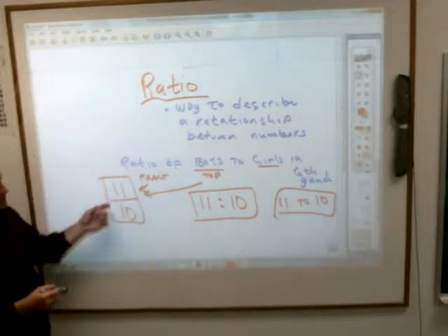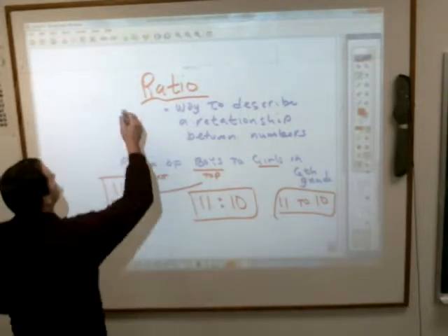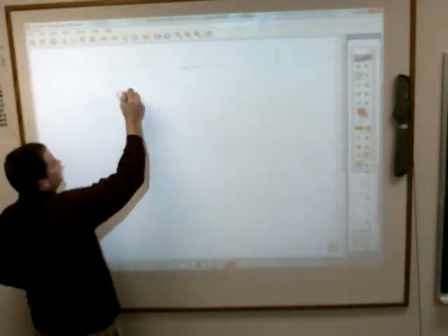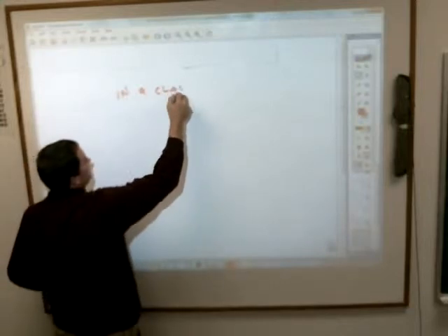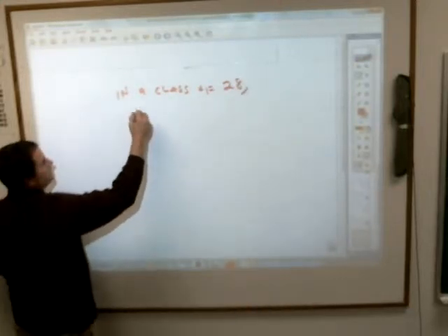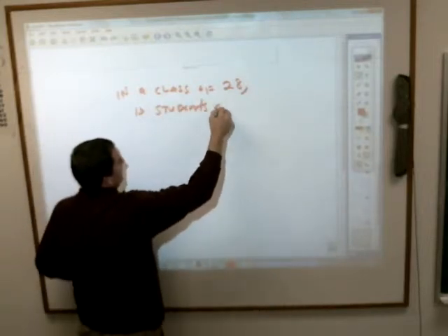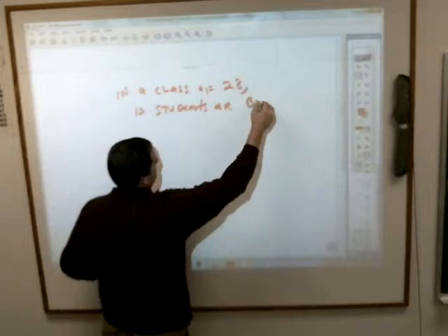90% of the time you will see it in fraction form, and that's what they'll ask you for. Okay, another example, let's write this one down. In a class of 28, 13 students are boys.